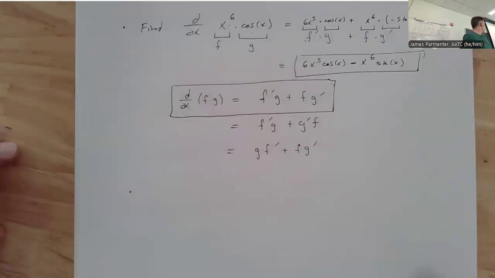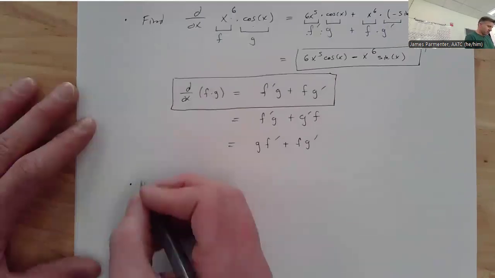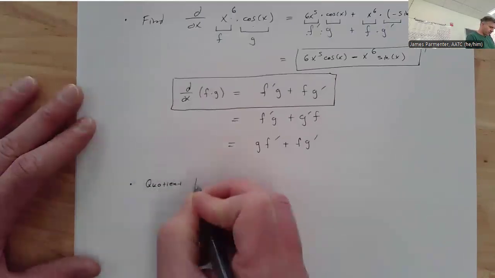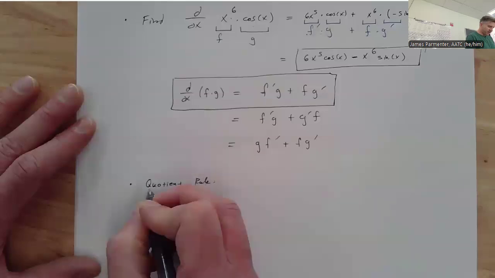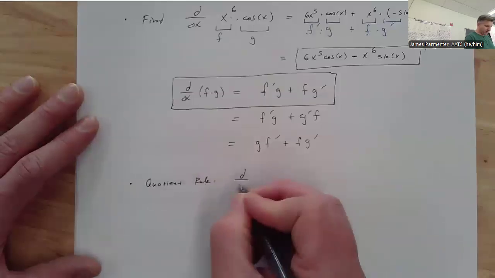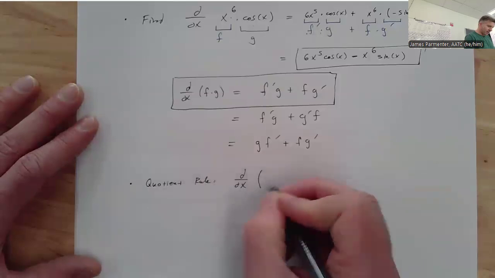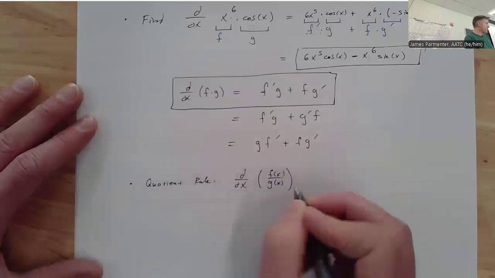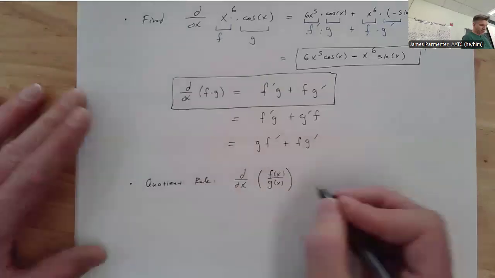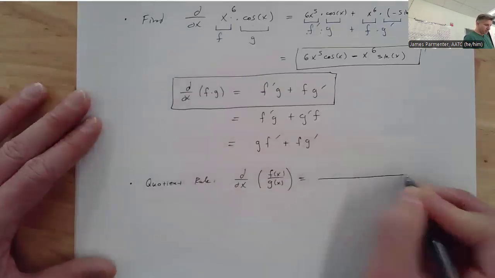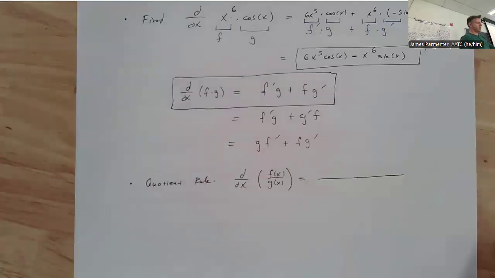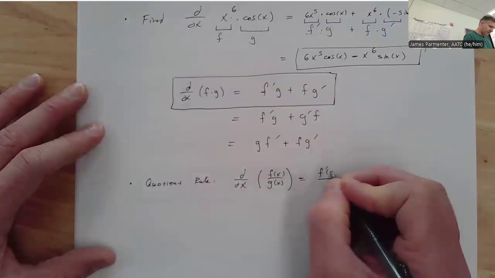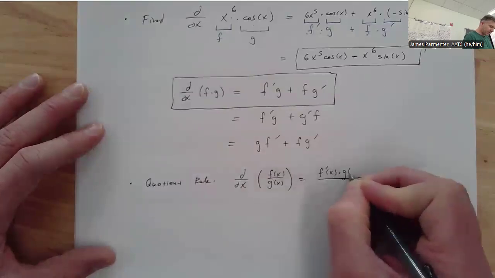So, in a similar sort of way, the quotient rule says the following. If you want to find the derivative of f of x divided by g of x, okay, people write it like this. I'm going to tell you how I say it though. So it's going to be f prime of x times g of x.